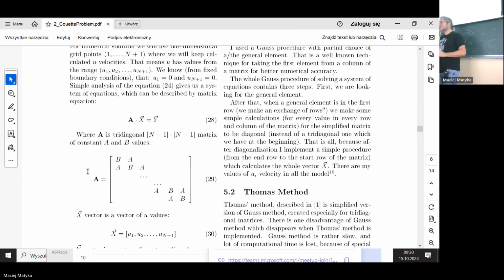Yes, because the construction of this problem is such that the flow will be only in this direction, because there is no possibility that something will flow in the y direction if this is incompressible, bounded by the walls. Okay, it's kind of an assumption.